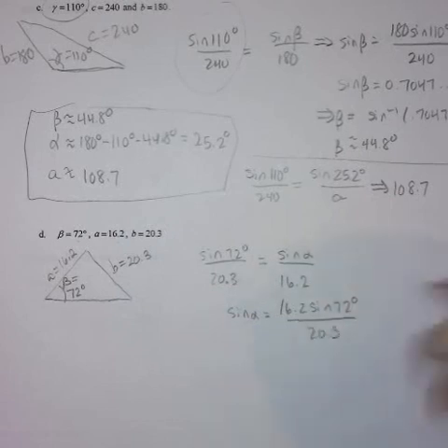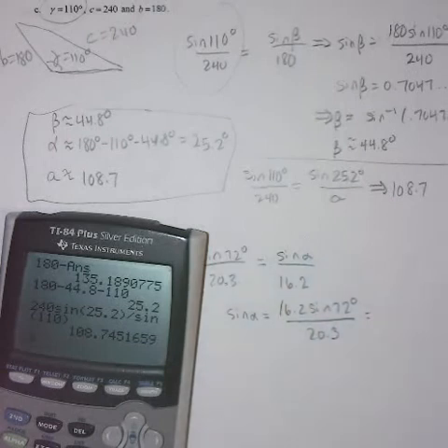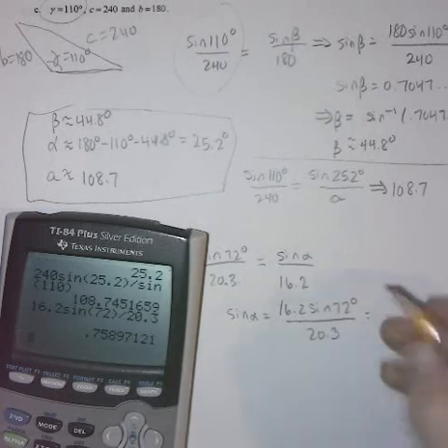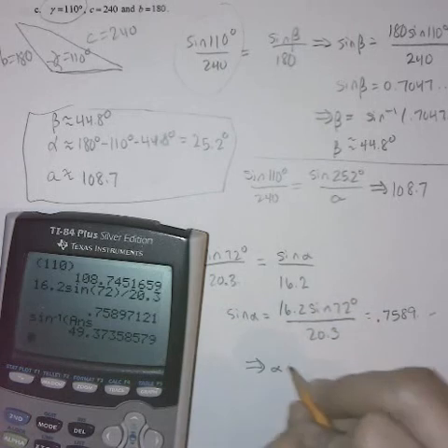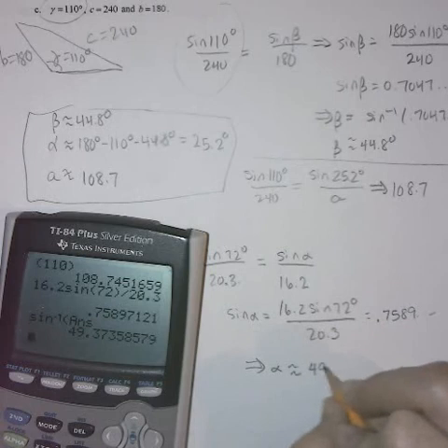Let's see what we get here. 16.2 sine 72 divided by 20.3. 0.7589, etc. So take the sine inverse. 49.4 degrees.